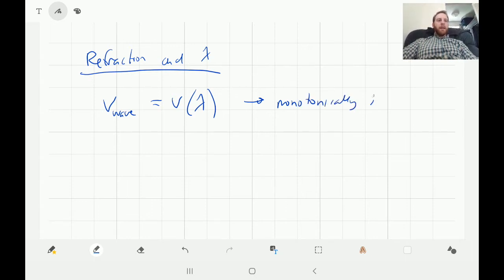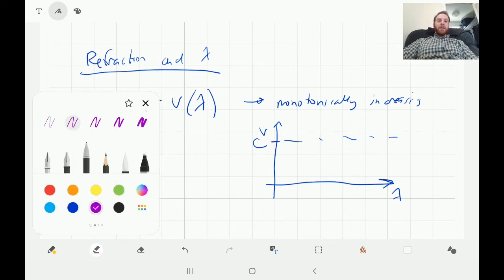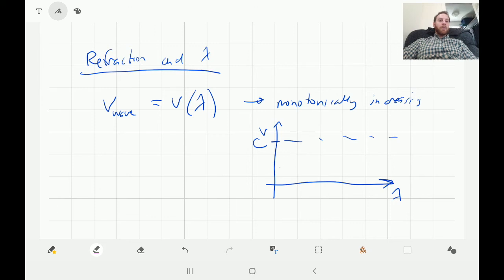It's hard for me to say exactly what this would do, but if you plotted speed v as a function of wavelength, eventually there will be some point where the wave speed is equal to c. I don't precisely know how this function will go, and it might even depend on the medium, but whatever the function looks like, it continually increases and approaches some kind of asymptote.